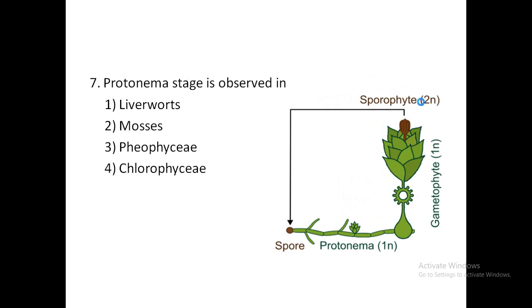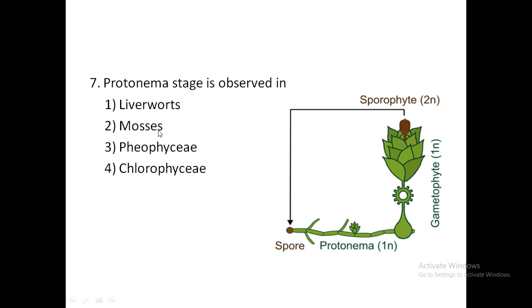Moving on to the next question. Protonema stage is observed in... Here the answer is mosses. Both mosses and liverworts belong to the bryophyte group, whereas Phaeophyceae, brown algae, and Chlorophyceae, green algae, belong to algae. The protonema stage is observed only in case of mosses.